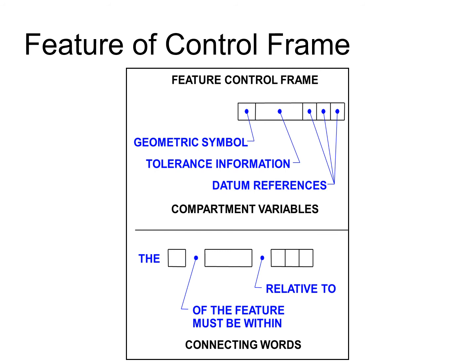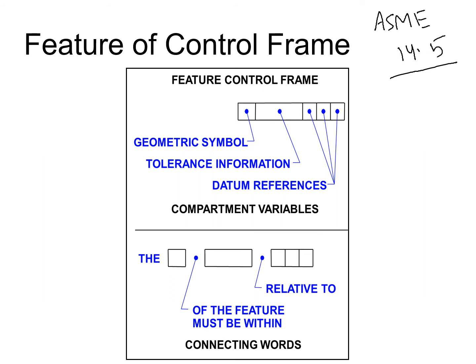So what we use to define a certain tolerance type in GD&T is the ASME Y14.5 dimensioning and tolerancing standard.